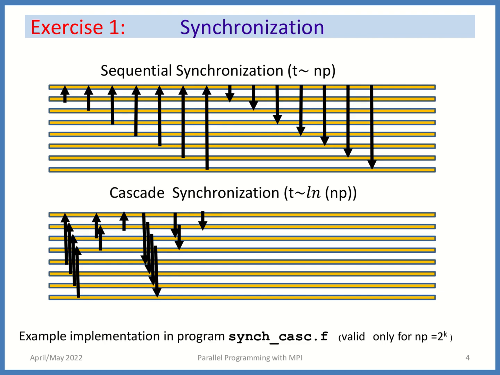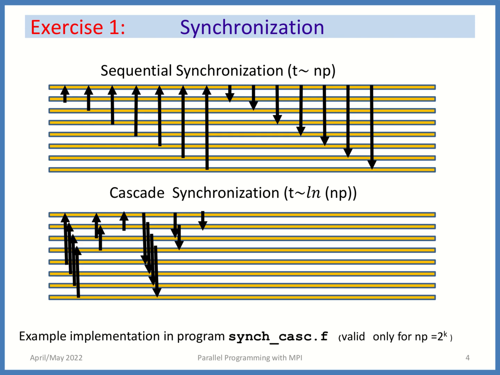And then these pairs of processes are already synchronized, and then you can synchronize these pairs again in the next step, and then you process the last 2 groups of processes. So that would be a cascade-like synchronization, which is faster and takes only time proportional to the logarithm of the number of processes.